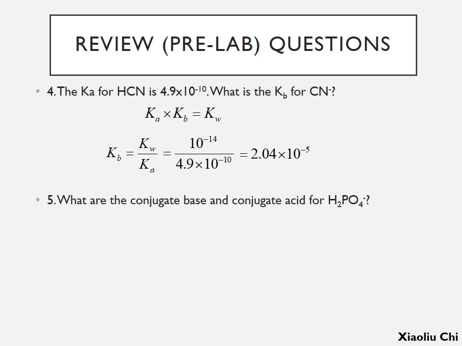point of this question is you can calculate the Kb if you know Ka, or if you know Kb, you can calculate the Ka. Next question, what are the conjugate base and the conjugate acid for dihydrogen phosphate ion?